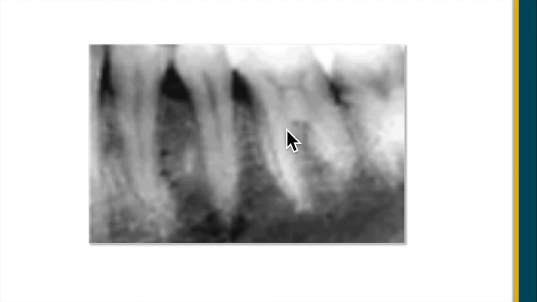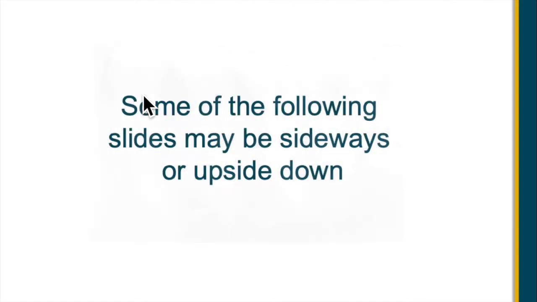Tooth number 19, 2 roots. Tooth number 19, 18, 20, 21. So sometimes computers even mess up and put the x-rays in sideways and backwards. So you need to be able to identify that.